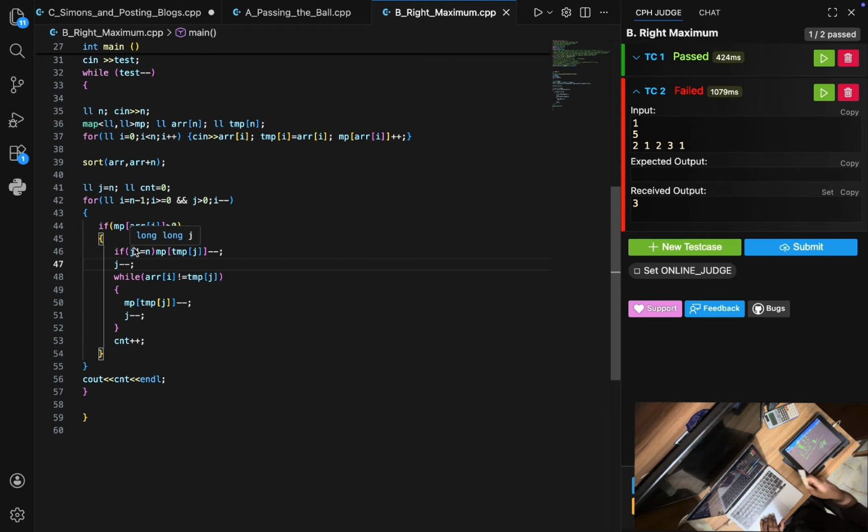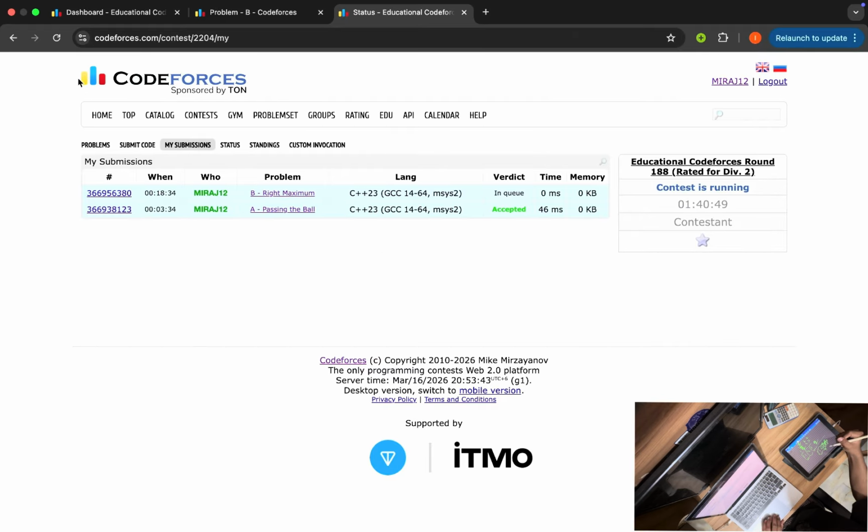So what I'm doing, if that's not n, I'm removing the current value, then going to the next one, then just doing that. Yeah.